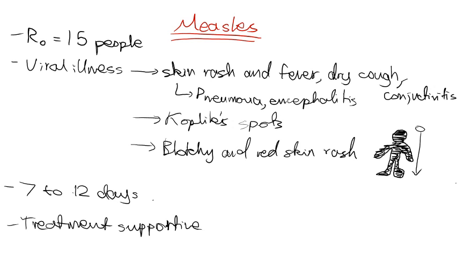The highly pathognomonic and, I would say, key thing that you should be looking for is Koplik spots. And in terms of the rash, it presents as a blotchy and red skin rash, which occurs in a shower rash morphology, which starts from the head and goes down to the feet. Its incubation period is 7 to 12 days, and treatment is supportive.